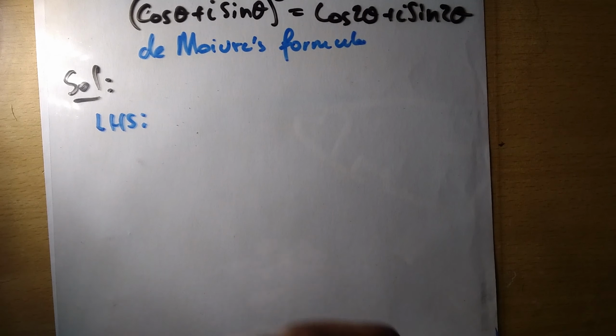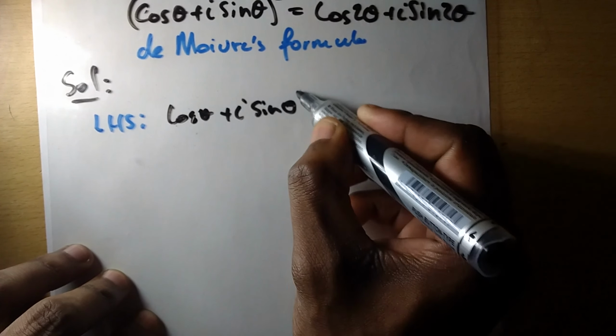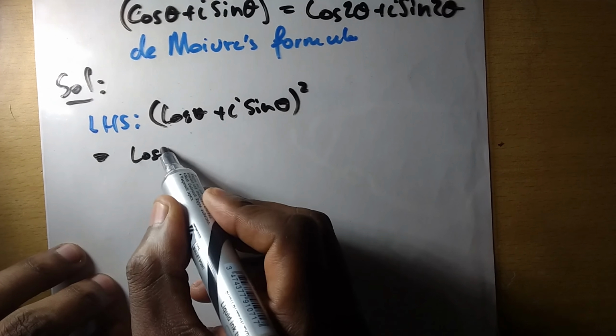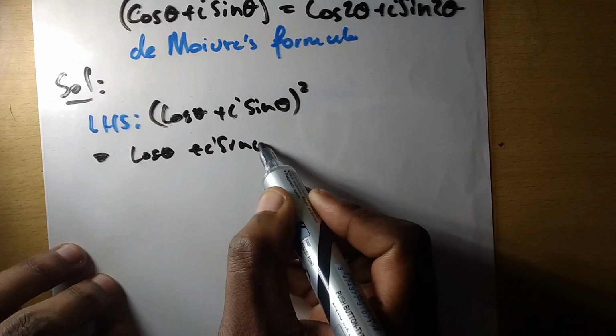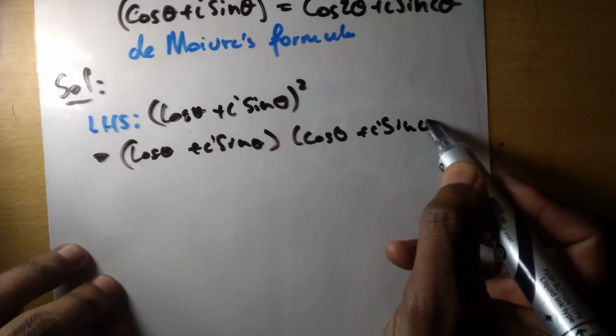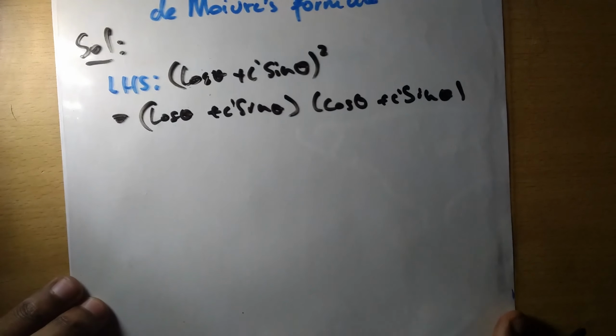This is just equal to cos of theta plus I sine of theta times cos of theta plus I sine of theta.